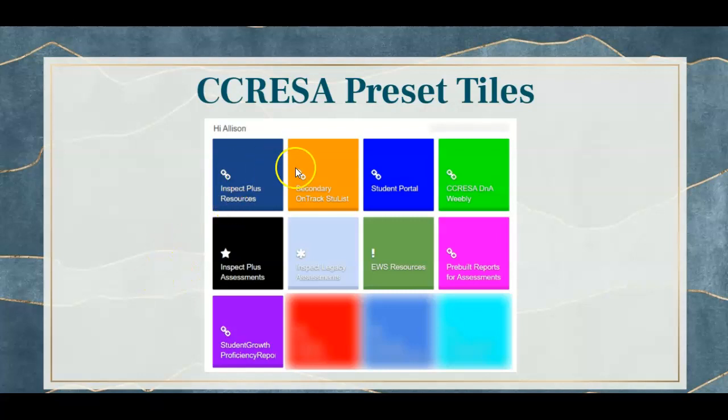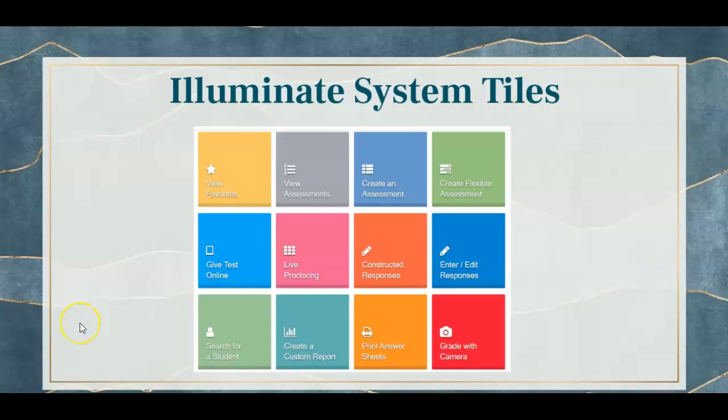So I'm going to go through what these different tiles are, and you'll notice that you can't delete them or move them, but then I'll show you some of the tiles that you can add in. They're called the Illuminate system tiles that are basically shortcuts from within the system. And then finally I'll show you how to actually add customized tiles from outside links.